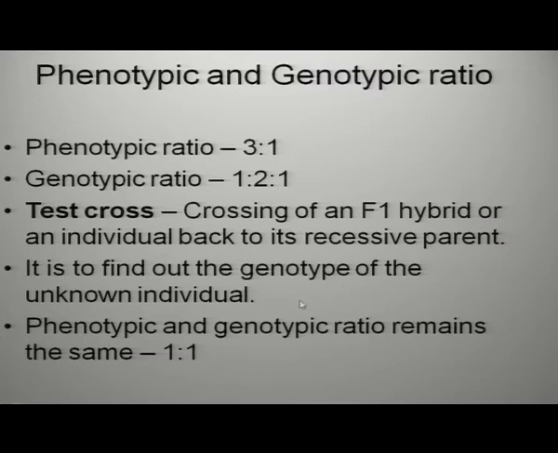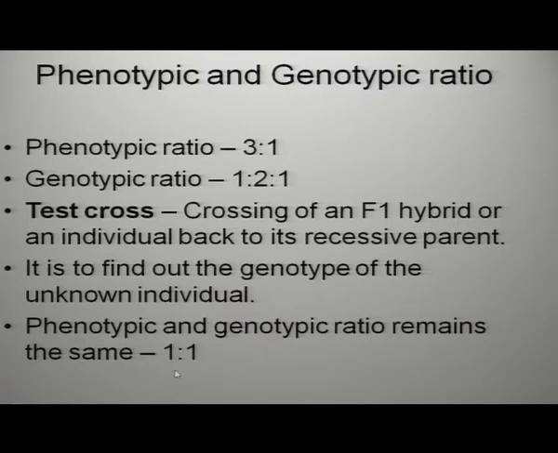And how will we identify this? After the crossing, if you are getting the progenies in a 1:1 ratio regarding the phenotype, then the genotype of the unknown individual will be heterozygous. Here comes the clue. This is yet another important basic concept that you have to listen to.